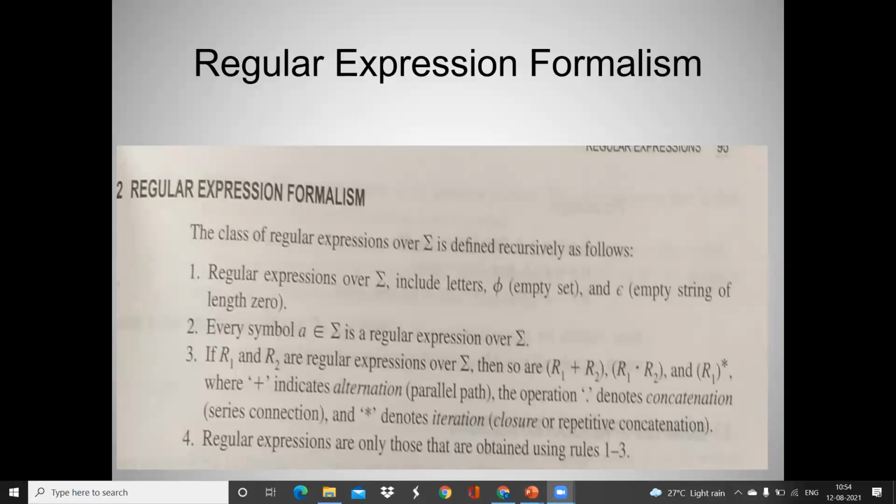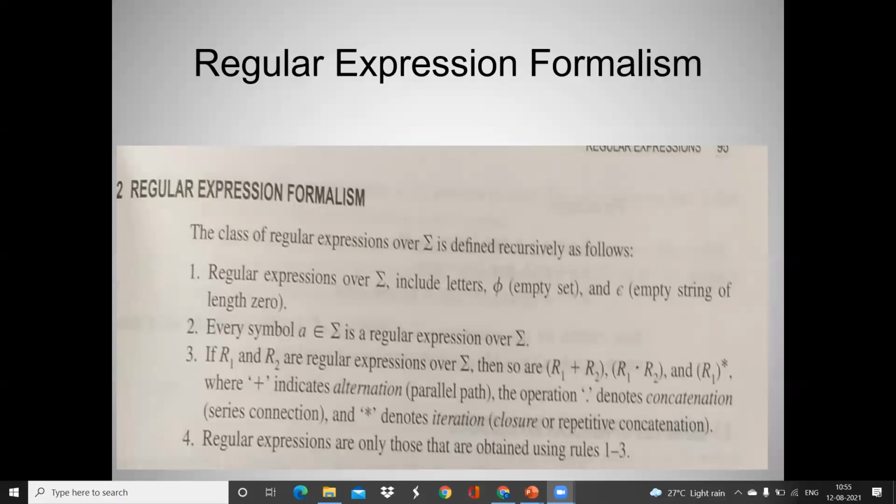When it is R plus, it means repetition at least once or more number of times, so R plus is just like your do while loop. Okay, so this way you can formalize your regular expressions.